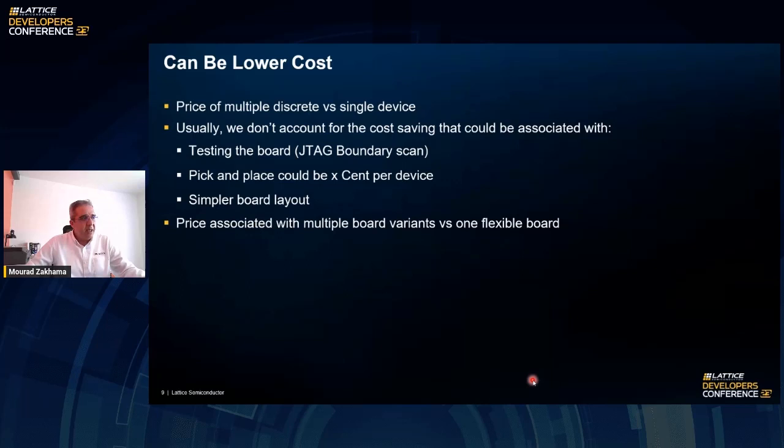And the price associated with multiple board variants. So if you can have the same board layout that could be used in multiple projects, that will obviously save you cost. So these are all aspects that could make the overall cost of ownership, or the overall cost of developing a board, lower than with discrete components.